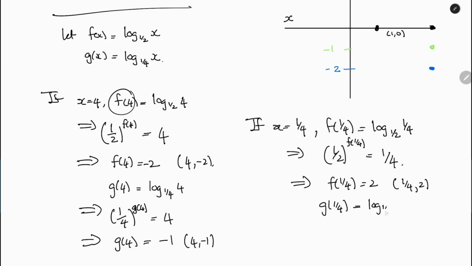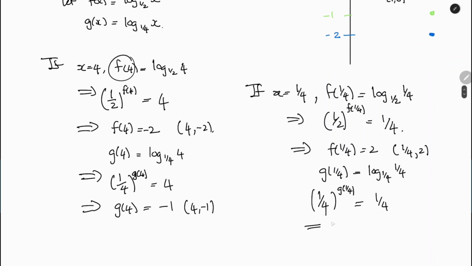So this is going to be a quarter and a quarter. This is very easy to see. This means a quarter to the power of g of a quarter is equal to a quarter. So that must mean a number to a power equals itself, that power must be 1. So g of a quarter equals 1, and here we have the point a quarter and 1.